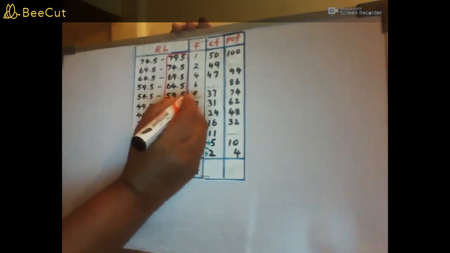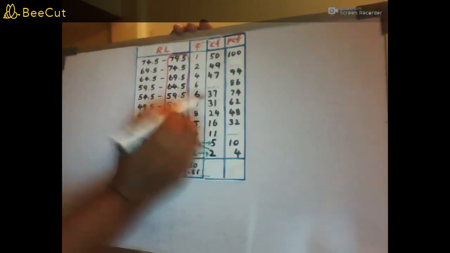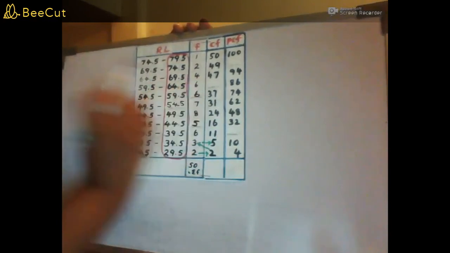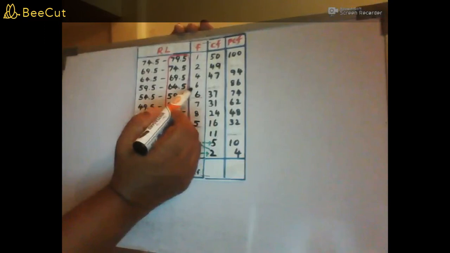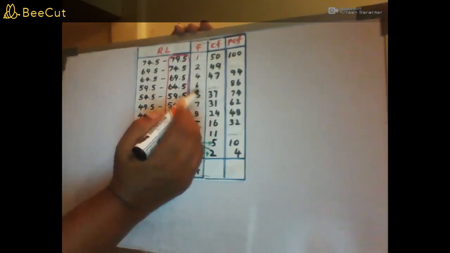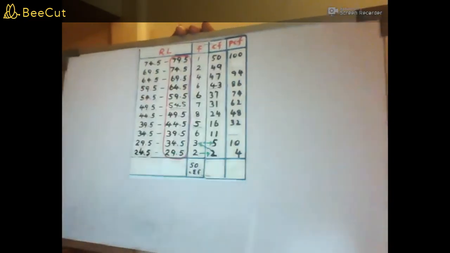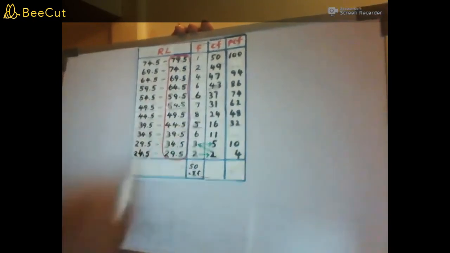What's the answer? 6. 31 plus 6, 37. Right here, cumulative frequency, a blank is there. This method. 37 plus 6, that is 43. You can see some of the questions like this. So we have to think and do.